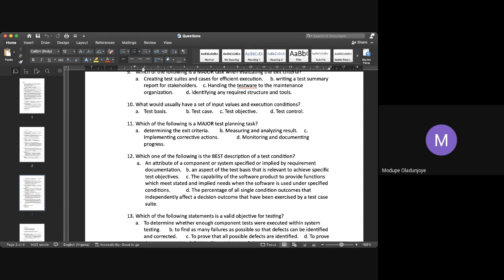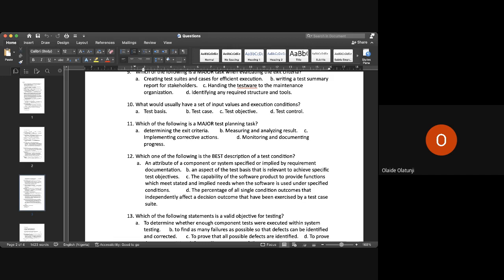Test bases are the requirements, specific requirements in developing a software. So that means test bases are also test conditions? Would you say test conditions? So test basis is a process. Don't get it confused. It's a process that helps you to analyze the requirements.